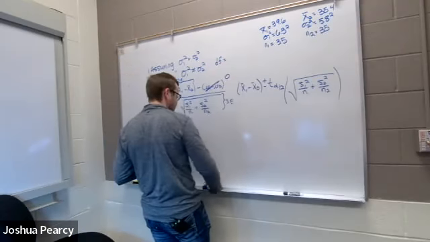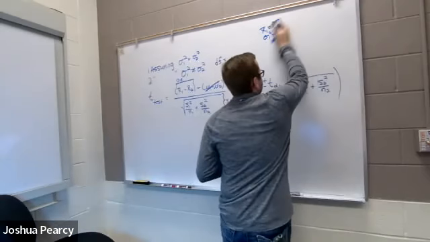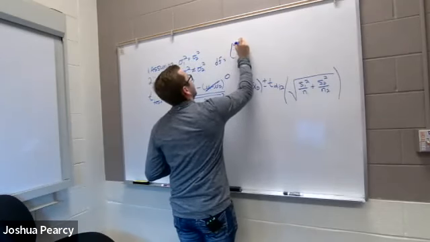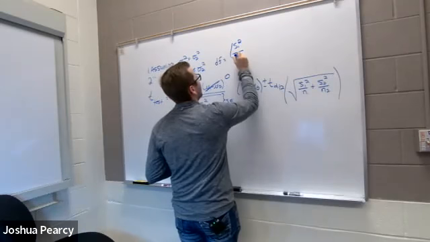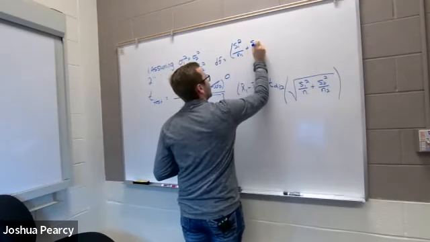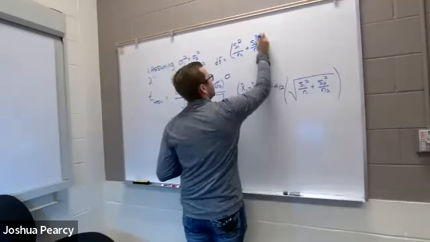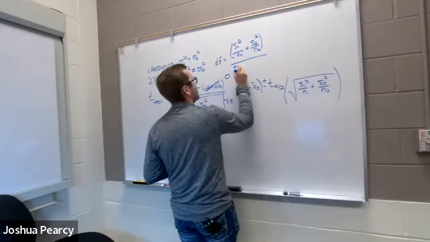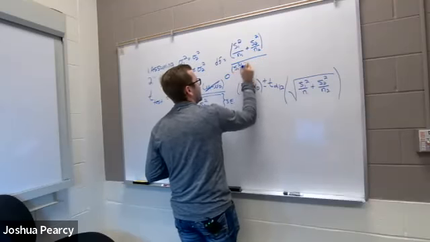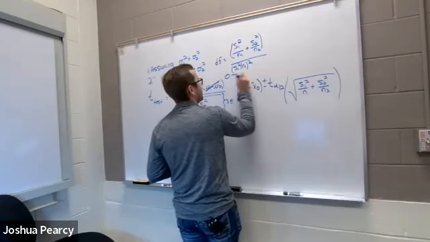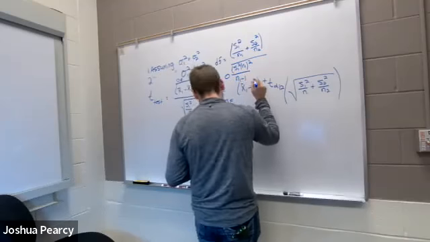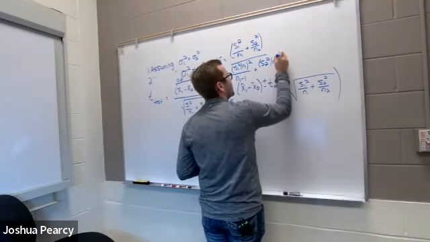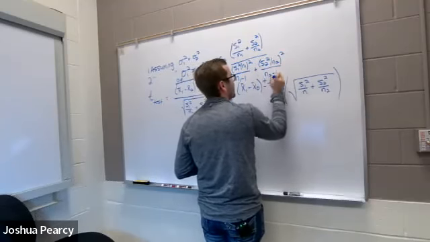The degrees of freedom is equal to s1 squared over n1 plus s2 squared over n2, that quantity squared, divided by s1 squared over n1, that quantity squared, divided by n1 minus 1, plus s2 squared over n2, squared, divided by n2 minus 1.